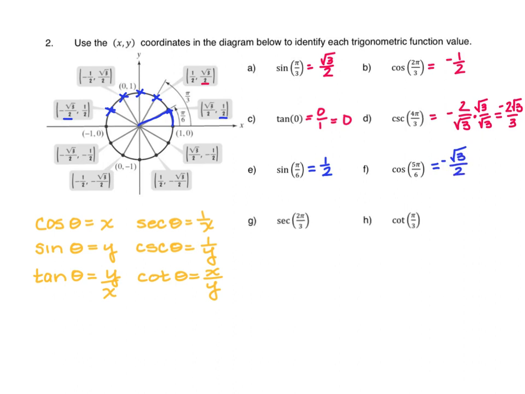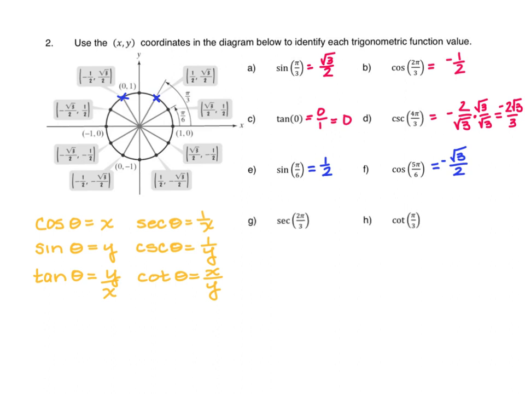Now the next one they ask you about is the secant at 2 pi over 3. So again, I'm going to clean up my markings here. So 2 pi over 3, again, we're just going to count. So 1 pi over 3 is right there. So for 2 pi over 3, I just have to go another 60 degrees, which is going to be right where that second blue X is. And they're asking for the secant. Well, secant is the inverse of the cosine.